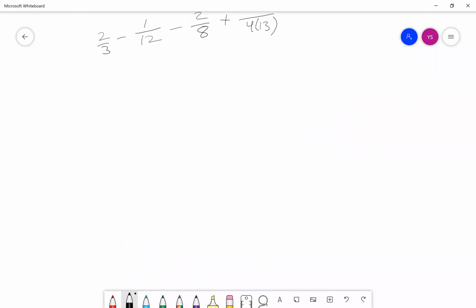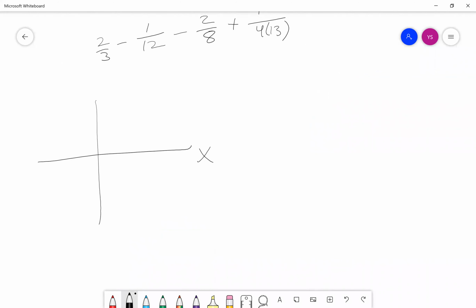Now, a second type of situation we might get is, here's x, here's y. We have some bounds, functions that bound our x. So we can say that this over here is h2 of y. This over here is h1 of y, right?